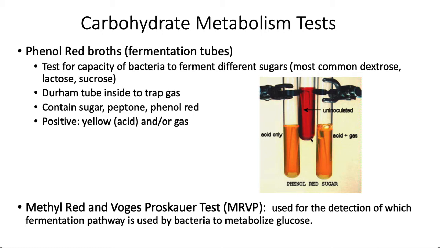So this is a small tube that is inverted, so upside down. And if the bacterium produces gas, then the gas bubble gets trapped, and it's very easy to see in the Durham tube.